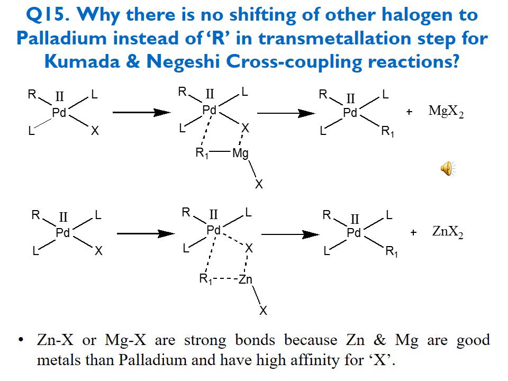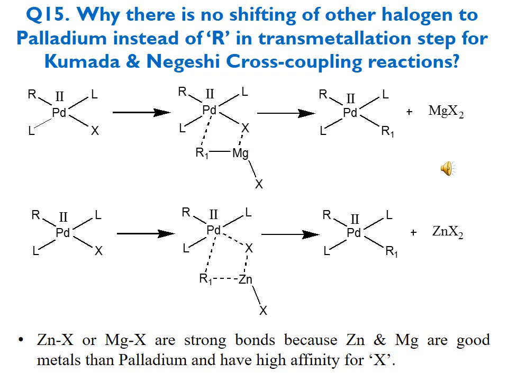Here you can see in the first step R1 is shifting from the Grignard reagent to palladium, and X from the palladium complex to magnesium. Similarly in the second reaction R1 is going to palladium and X is going from the palladium complex to zinc. The question is why X from the zinc is not going towards the palladium. Similarly, X from the magnesium Grignard reagent is not going towards the palladium.